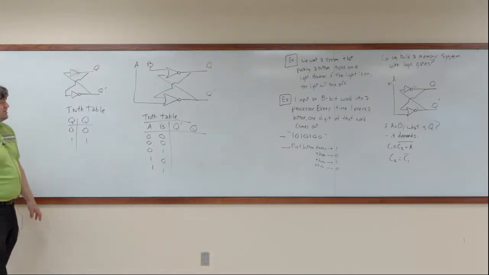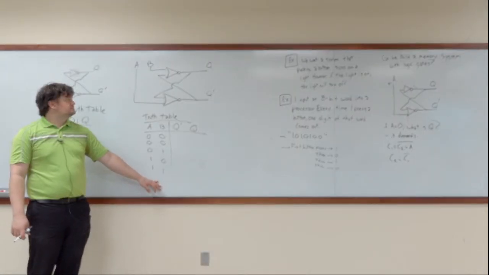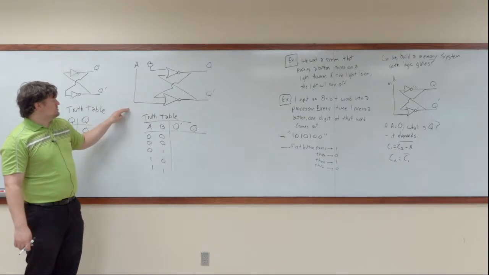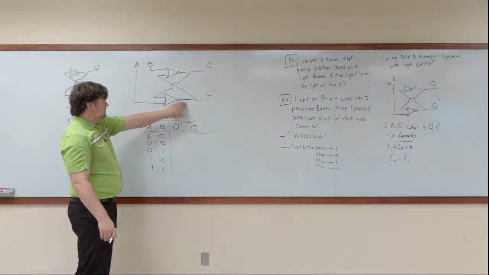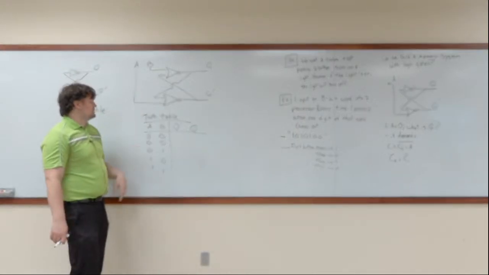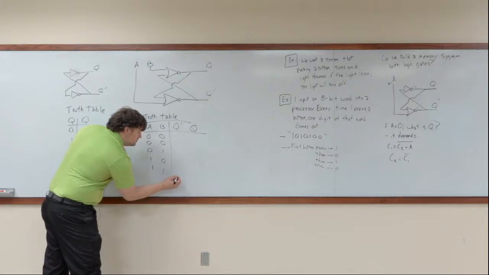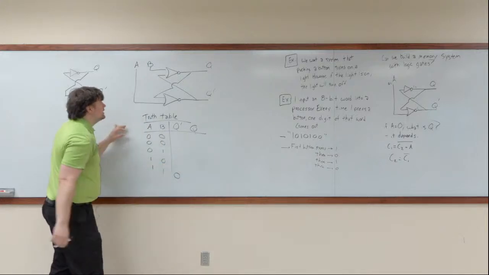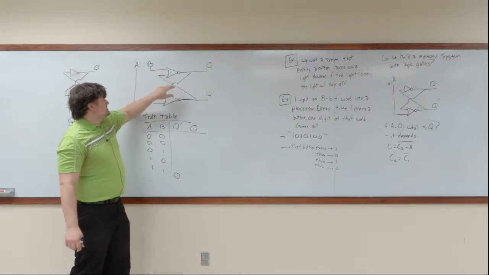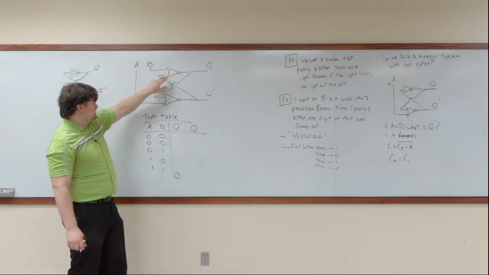Let's start at the bottom. What happens when A and B are both 1? Okay, this comes in as 1. The output here is Q naught. What is Q naught if A is 1? Okay. The input to this is coming in as 0. The input to this is 0.